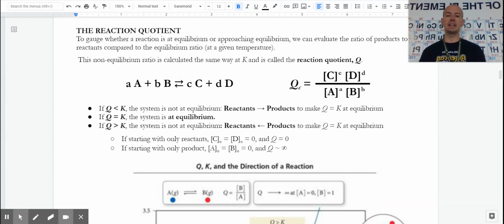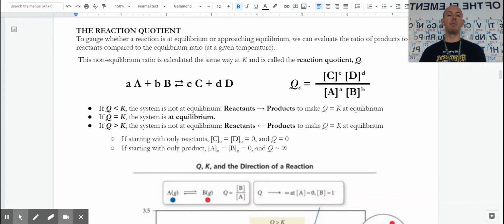The system's not at equilibrium, or else Q would have equaled K. So in that case, I have to get rid of some of the things on my denominator, my reactants. I have to make some more products, which go on the top, in order to get to that correct equilibrium ratio. So we would say our reactants turn into products.